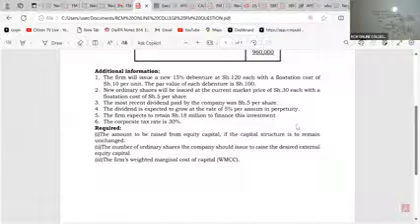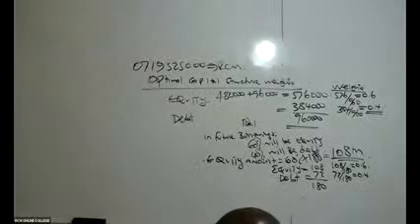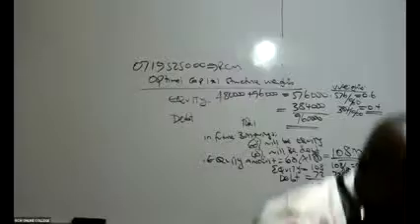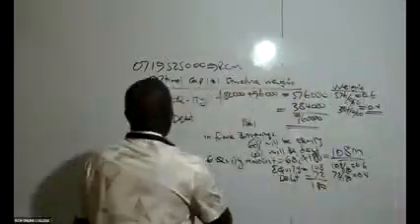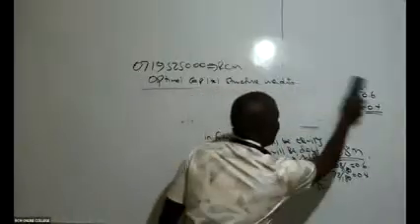Then from there, we go to question number 2. They want us to give them the number of ordinary shares the company should issue to raise the desired external equity capital. Number of shares. So how do we get this number of shares?